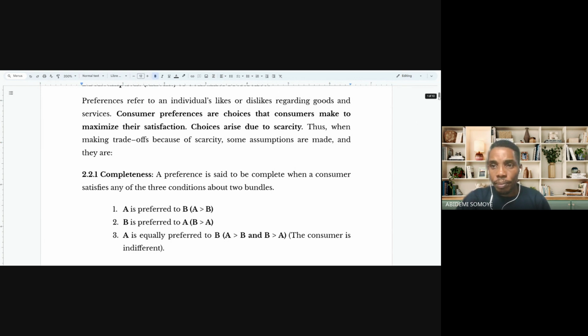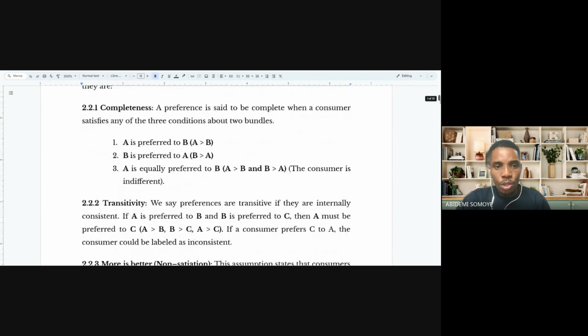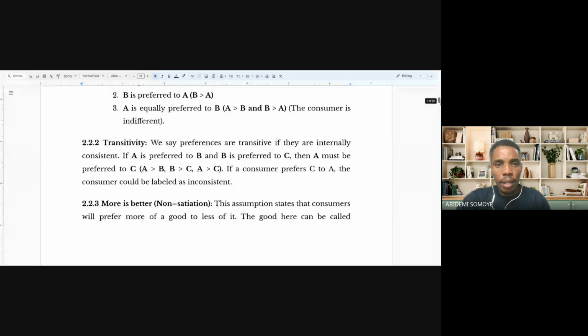Let's write on. Second one, okay, transitivity. We say preferences are transitive if they are internally consistent. If A is preferred to B and B is preferred to C, then A must be preferred to C. A greater than B, B greater than C, then A is greater than C. If consumers prefer C to A, the consumer could be labeled as inconsistent.